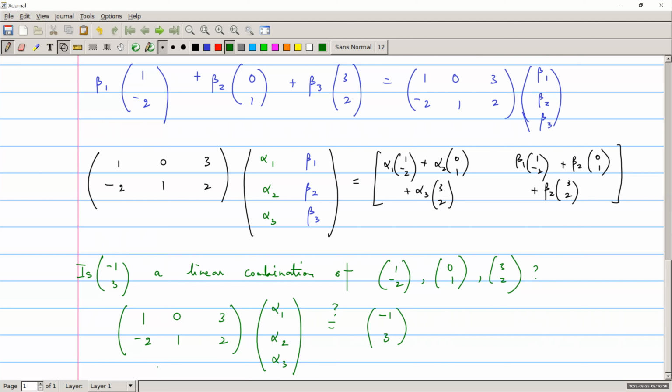When you're solving sets of linear equations, you're just testing if the target, (-1, 3), is a linear combination of the columns. That's all you're doing when you solve linear equations. We'll see a lot of this down the line.